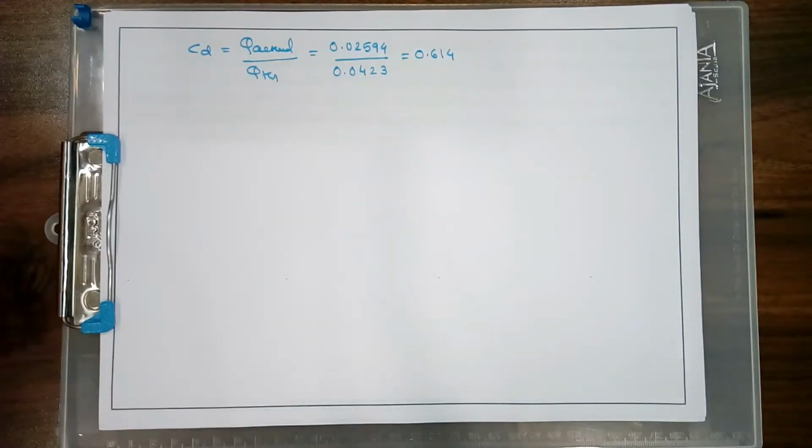Now students, the second thing asked in this numerical is what will be the error in discharge if the error in measurement of head is 1 mm.